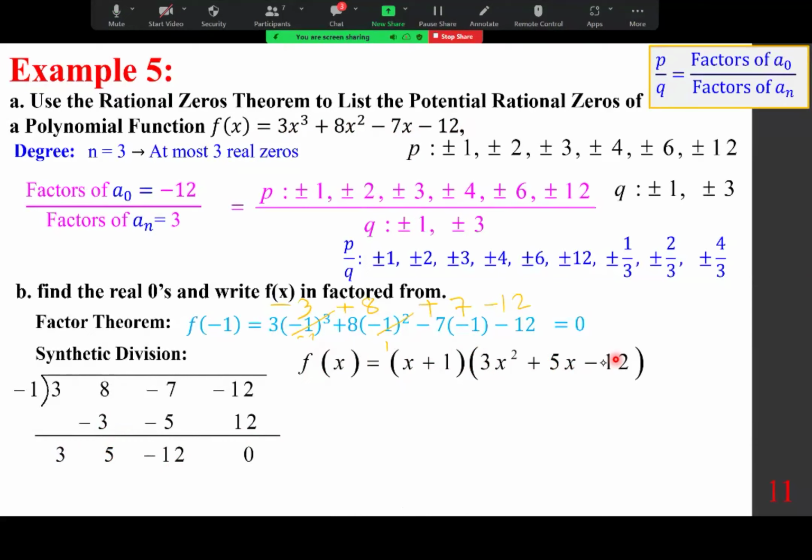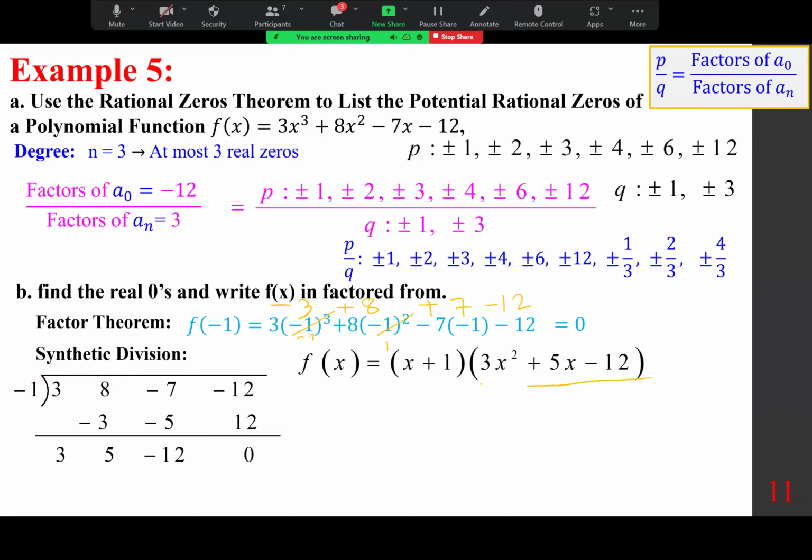Now, you can continue working with the rest of the numbers to see what happens, or, since it's a second degree, you can factor it or use the quadratic formula on that. And it's simple factoring because 3 is a prime number, everybody.